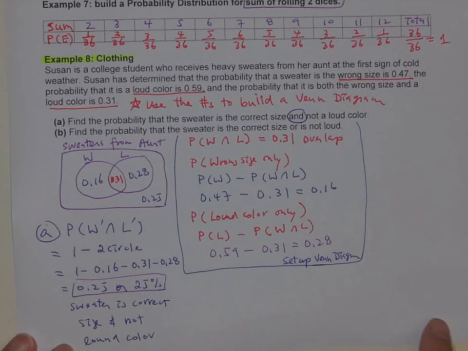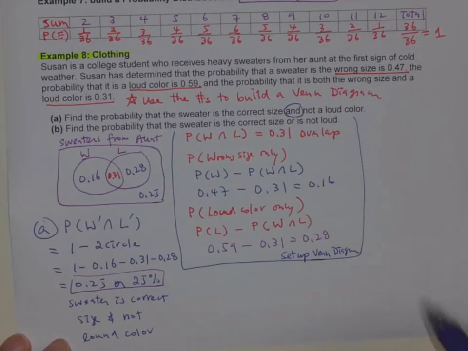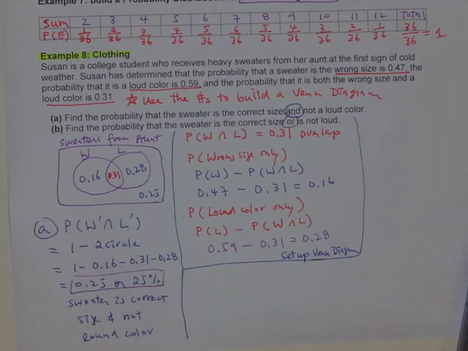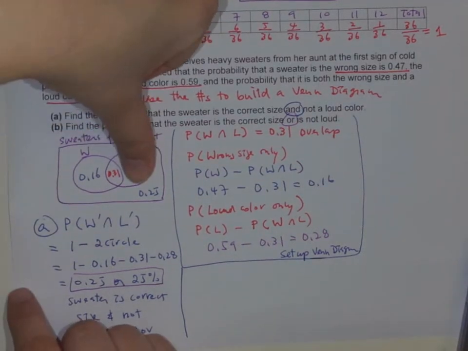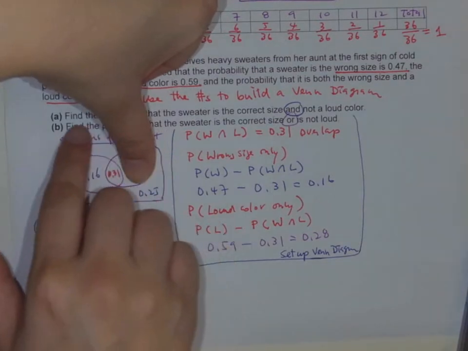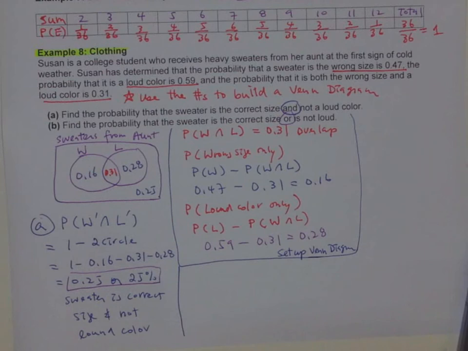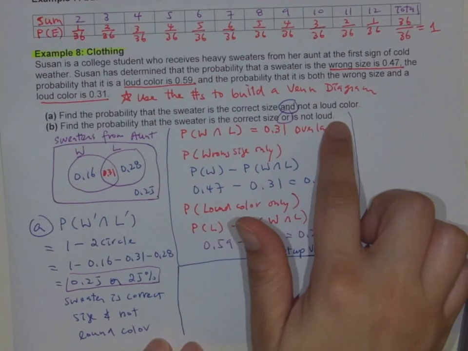Alright, so we also need to look at B. B says find the probability that the sweater is correct in size or, so this time it is or, not loud color. So either way, either just outside this circle or outside this circle. So if it fits one of these conditions, that's okay with us.